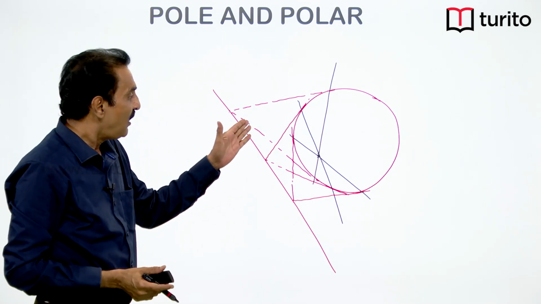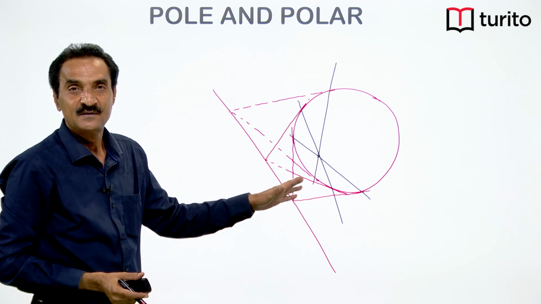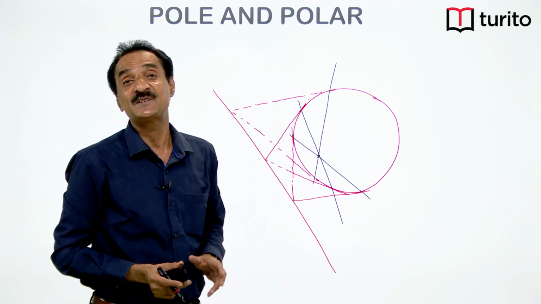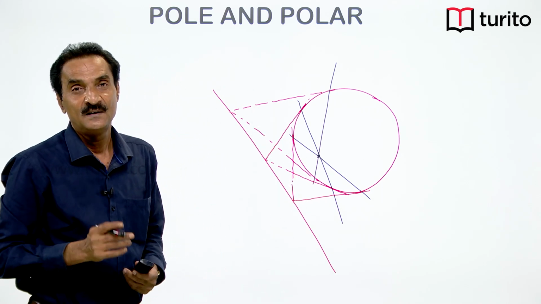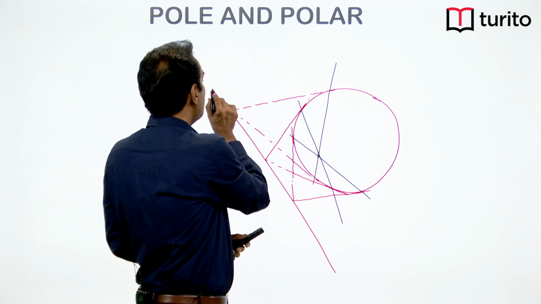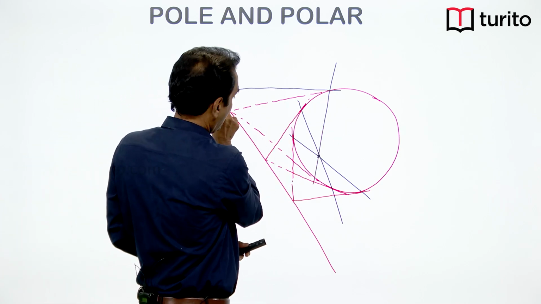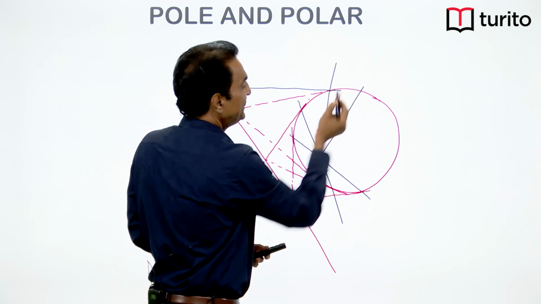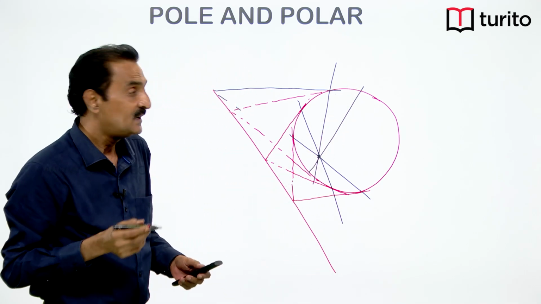That means, all these chords of contact will be concurrent at a fixed point. If you draw one more chord of contact like this, it also passes through the same fixed point.